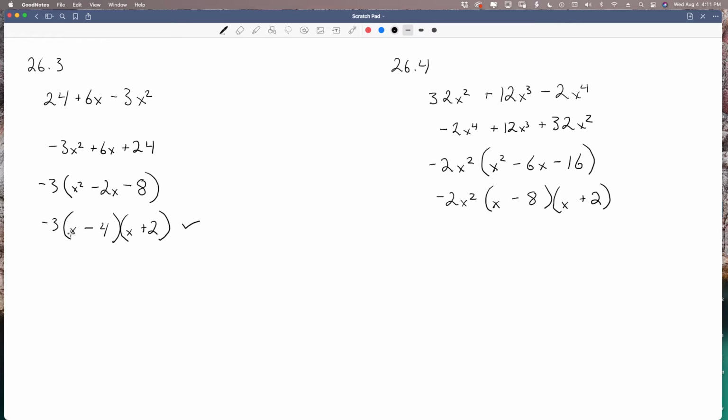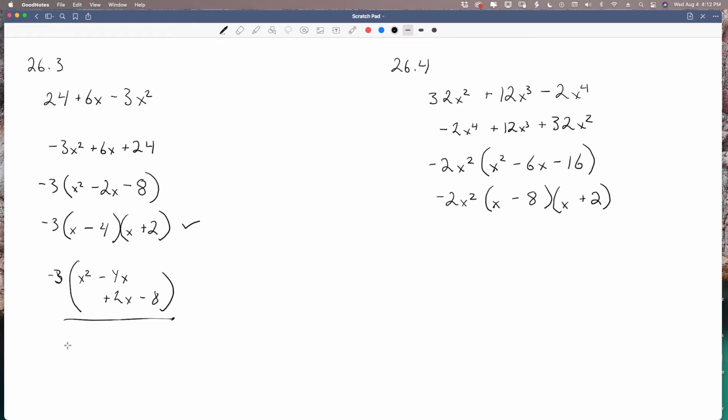Always check your work. So when we check our work this time, we get -3 times x squared minus 4x plus 2x minus 8.